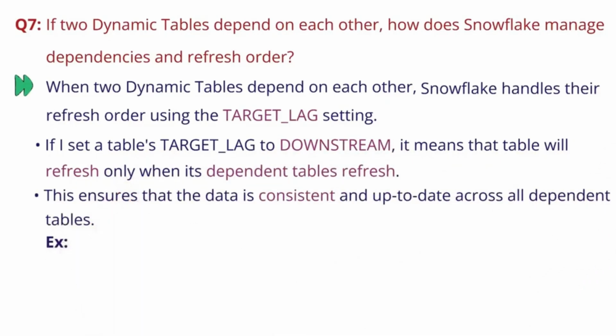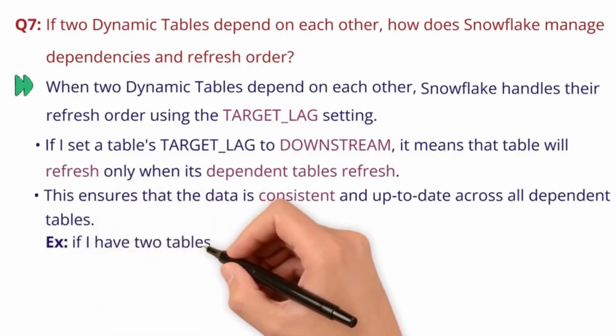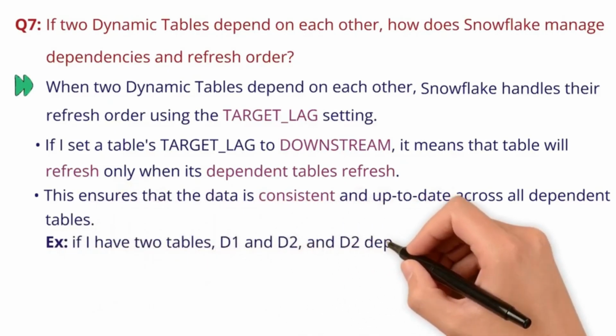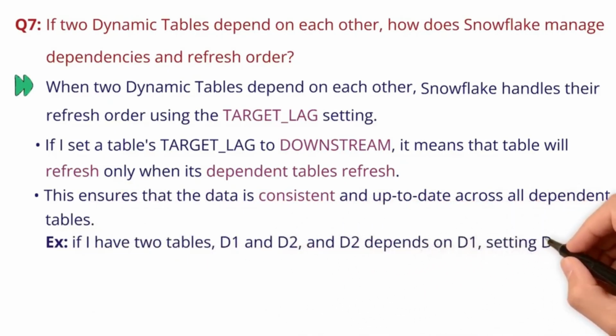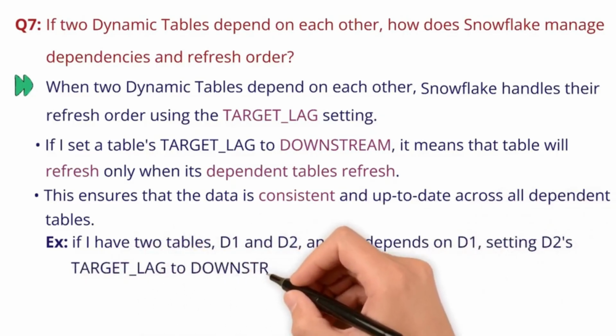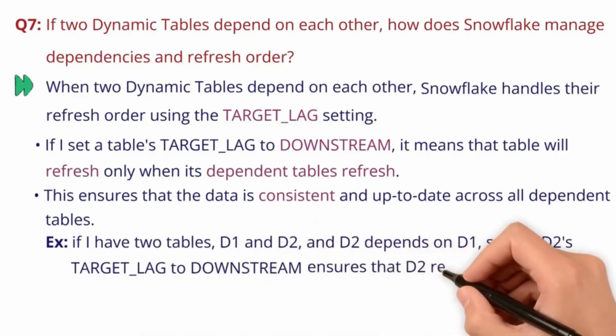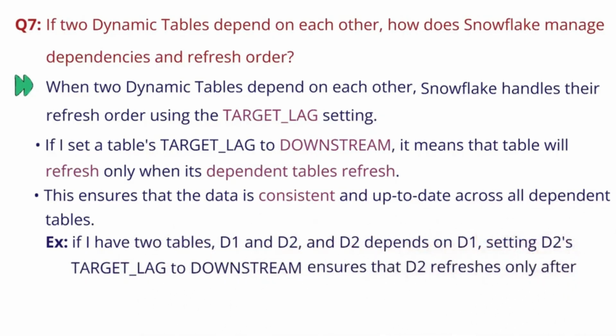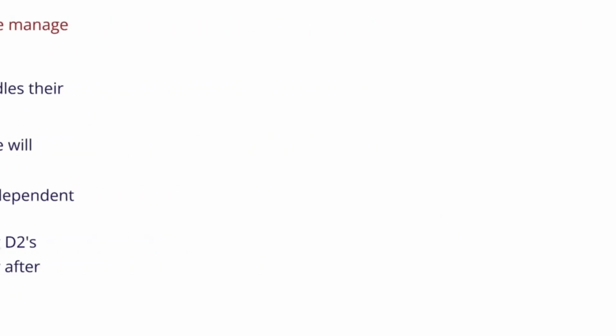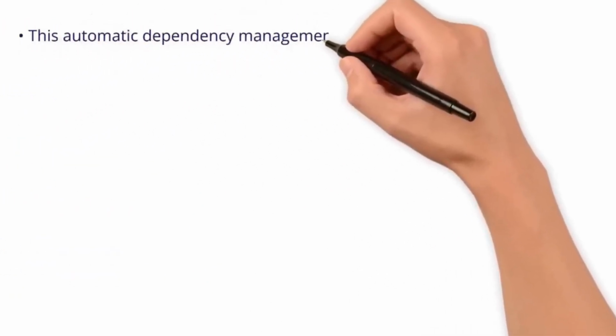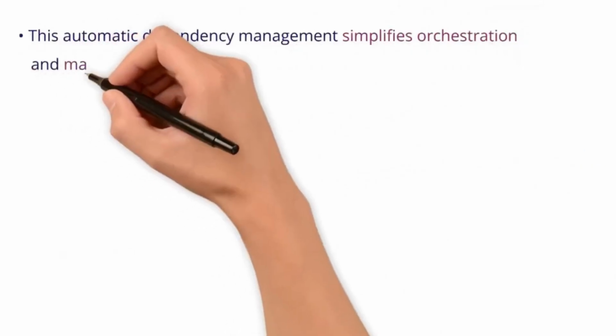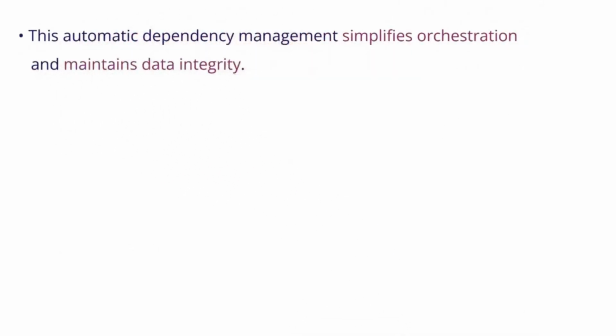For example, if I have two tables, D1 and D2, and D2 depends on D1, setting D2's target lag to downstream ensures that D2 refreshes only after D1 has refreshed. This automatic dependency management simplifies orchestration and maintains data integrity.